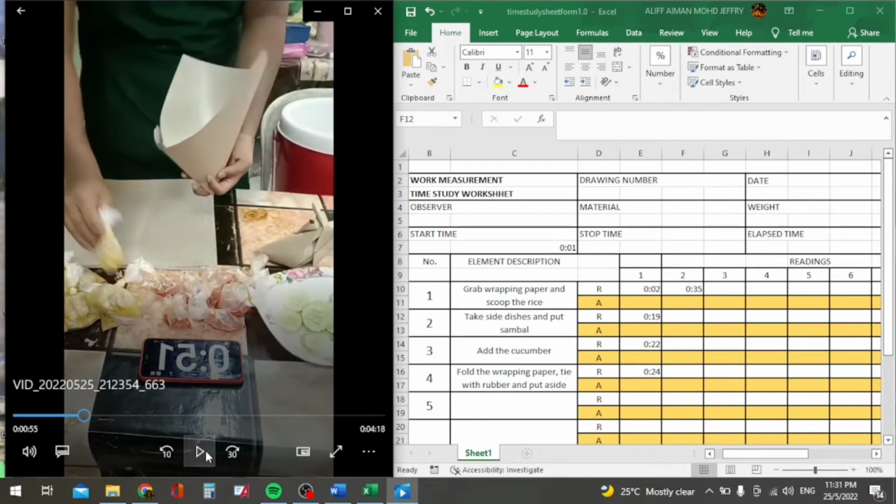Okay, for the next step, 0.51 is the reading time for the second element.